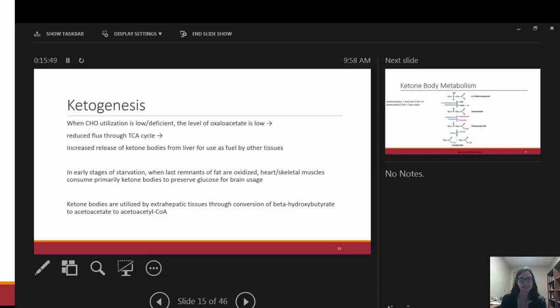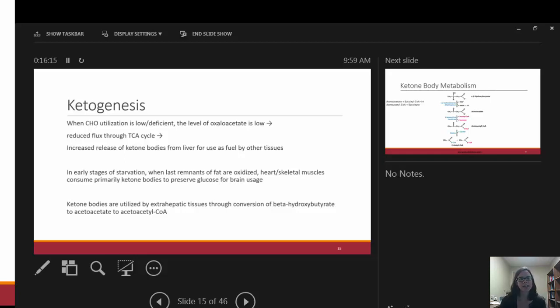So in the early stages of starvation, when we oxidize our fats, our heart and skeletal muscles can rely on ketone bodies for energy in order to preserve our precious glucose for our brain, which has a real specific need for glucose.